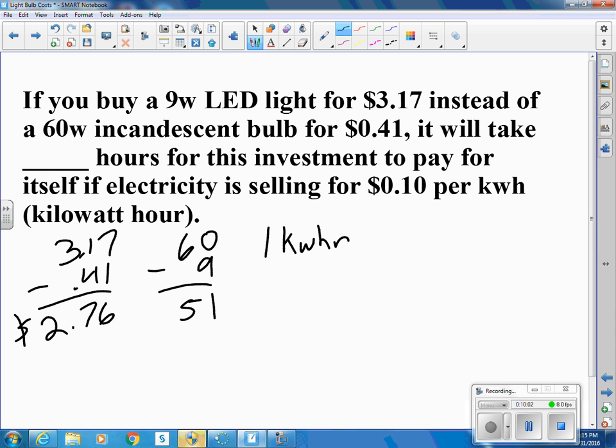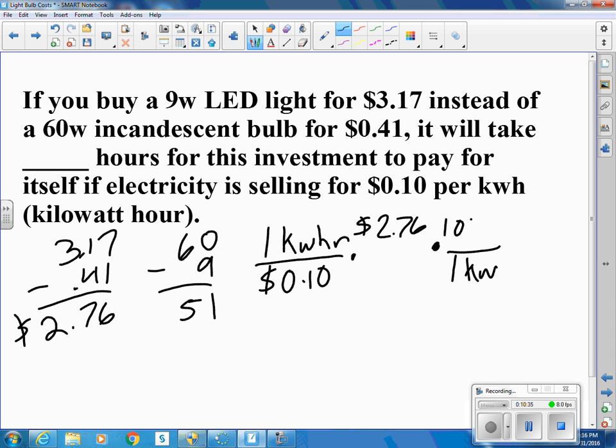So 1 kilowatt hour for 10 cents. If I multiply that by the $2.76, and then if I multiply that by, I know that 1 kilowatt is 1,000 watts.